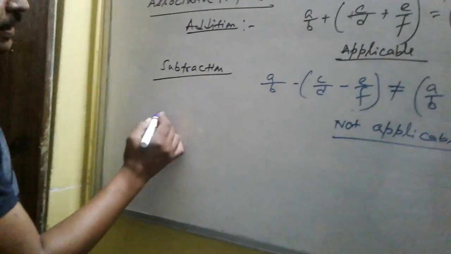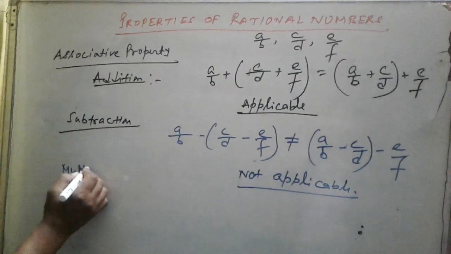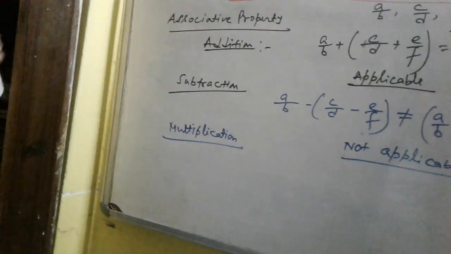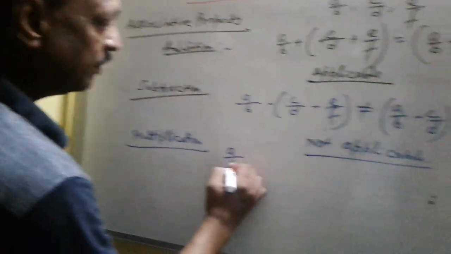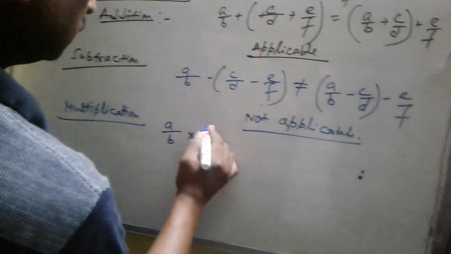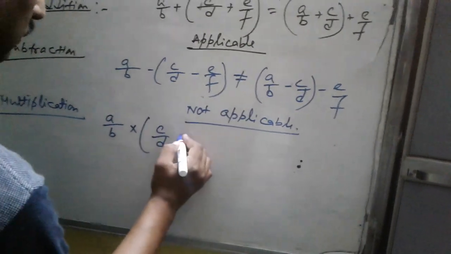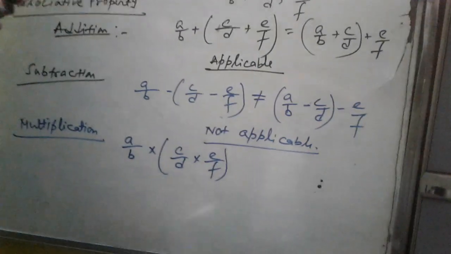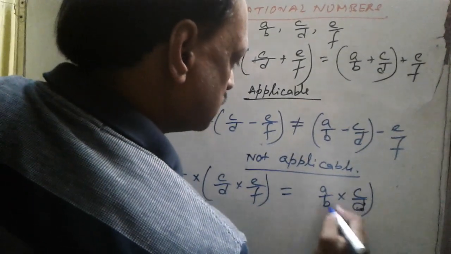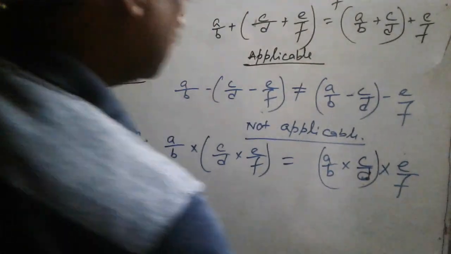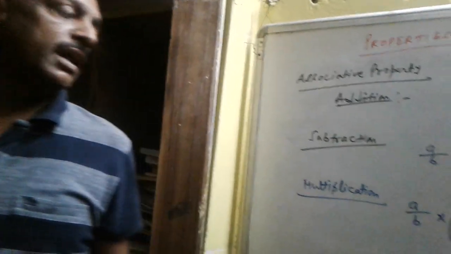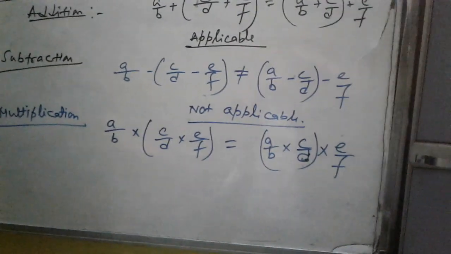Next one is, after subtraction there is multiplication. In the case of multiplication, things will be like this. This will also be applicable because after getting the numbers here in the rational number, calculating of the rational number, you will see that the result will be same.